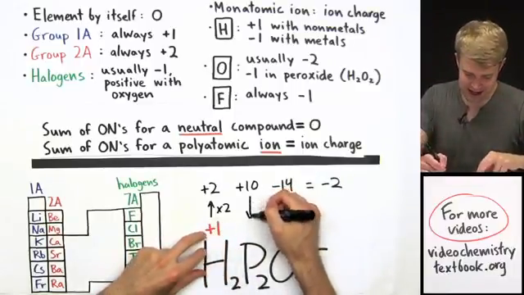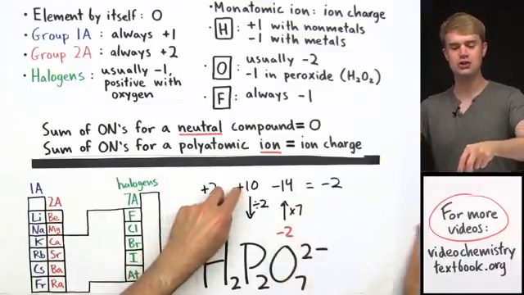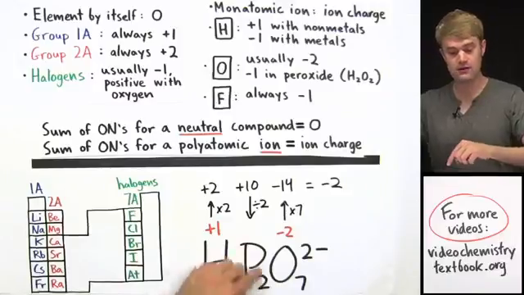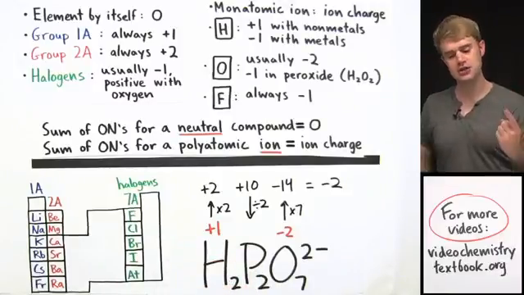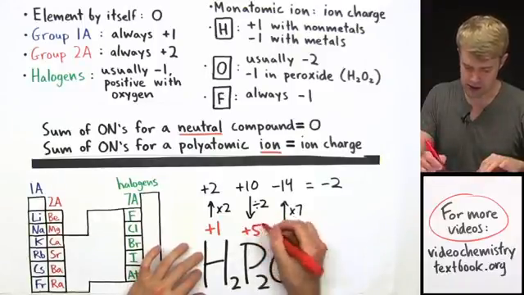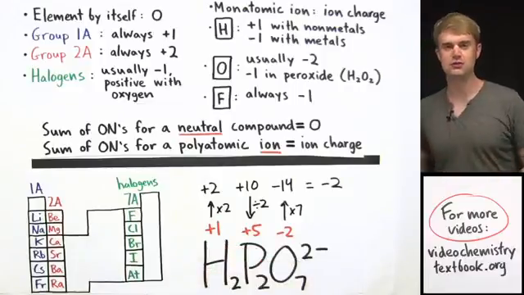So I've got to take this +10 and divide it by 2, because this oxidation number of 10 is divided between the 2 different phosphorus atoms, which means that the oxidation number for each one is going to be +5.